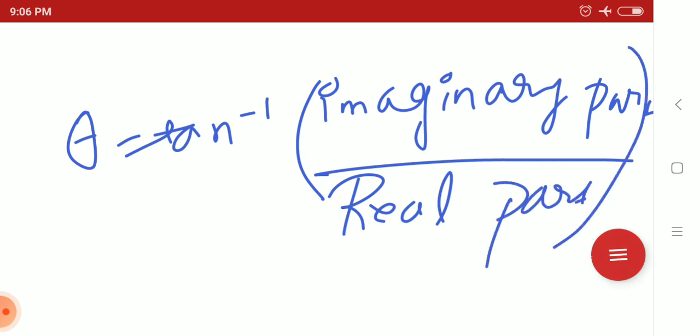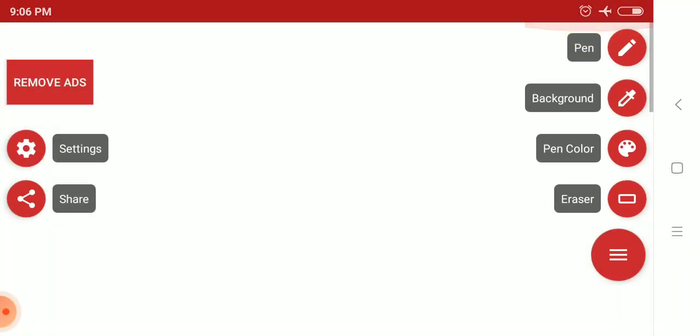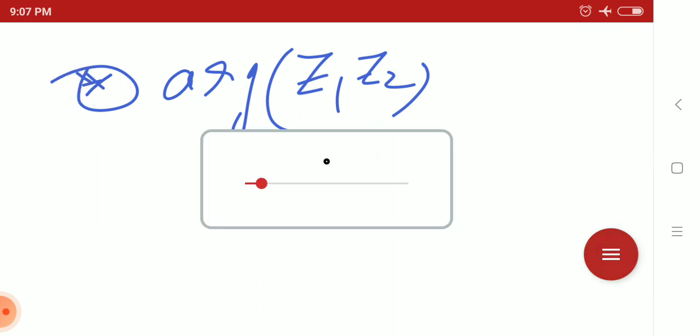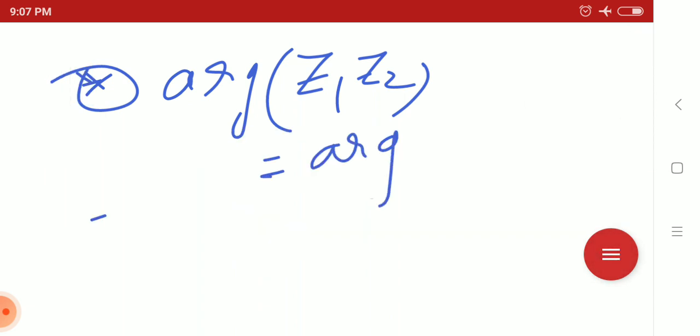So let's discuss some important properties of argument. The first: argument of z1 z2 equals arg z1 plus arg z2.